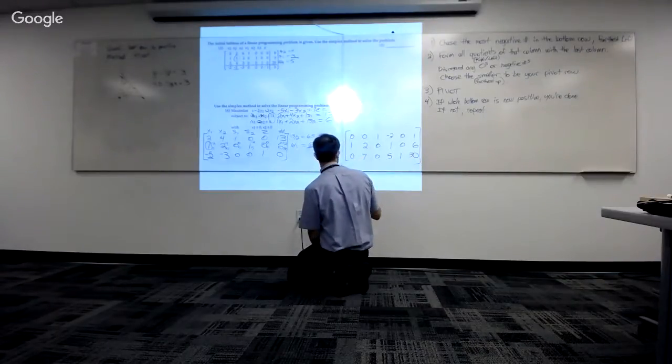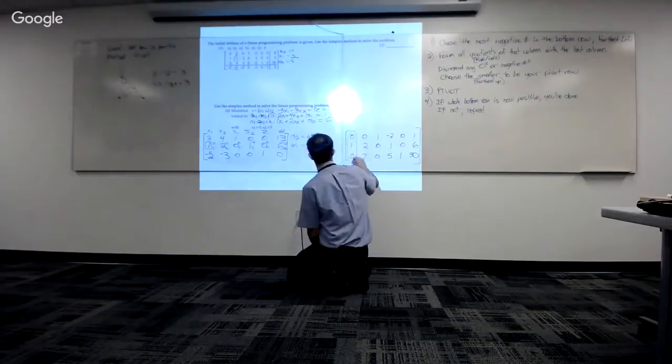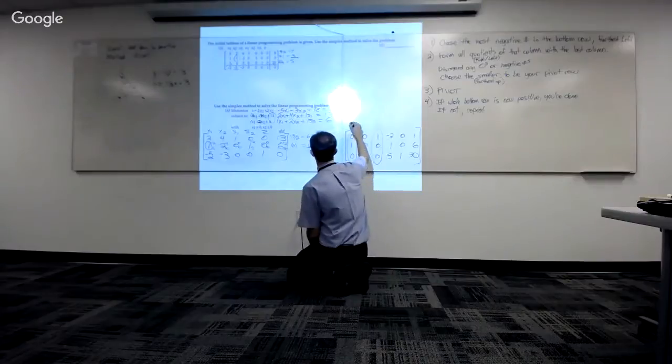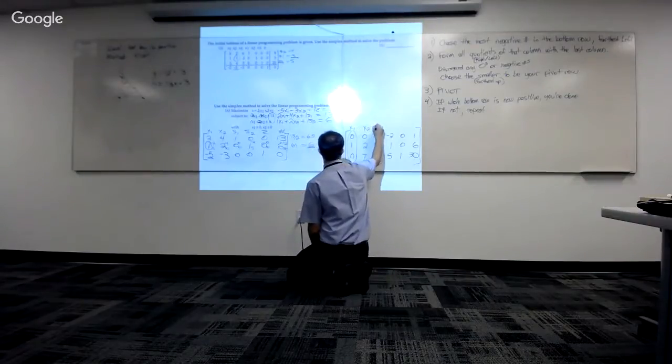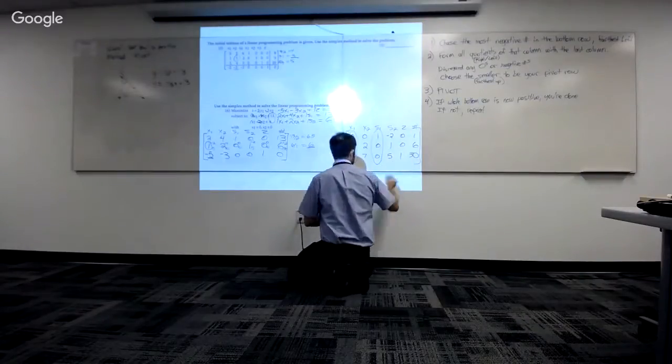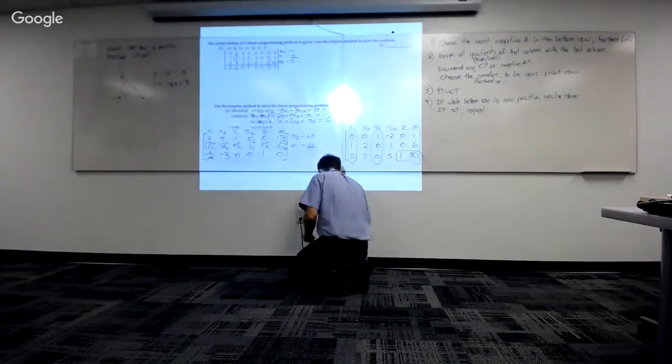And it worked. The whole bottom row is already positive. I've got 2 columns that are 0s and 1s. So this is x1, x2, slack 1, slack 2, z, and a number. And we can read off all of our information.